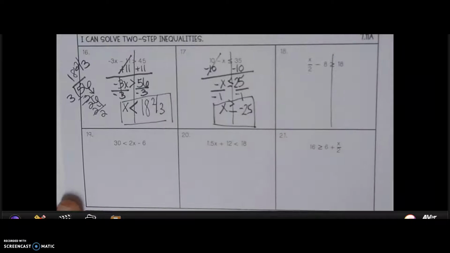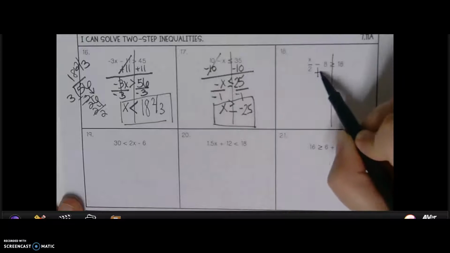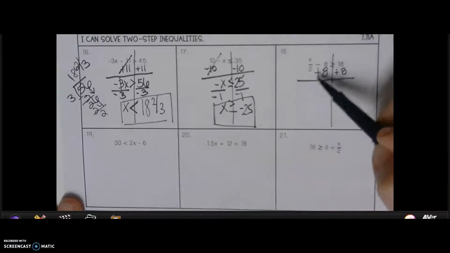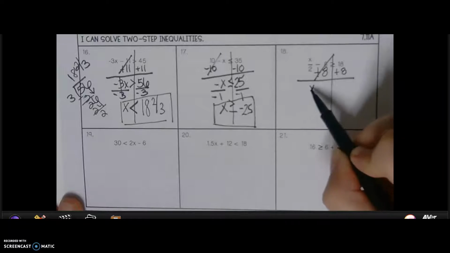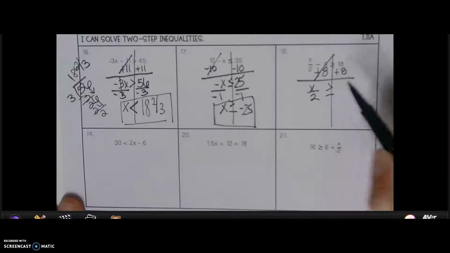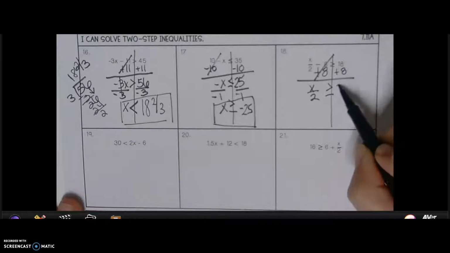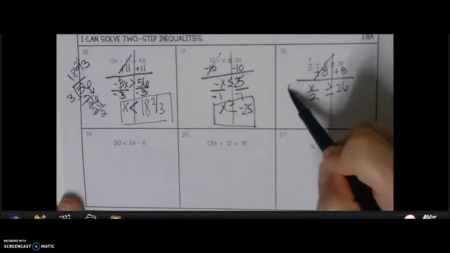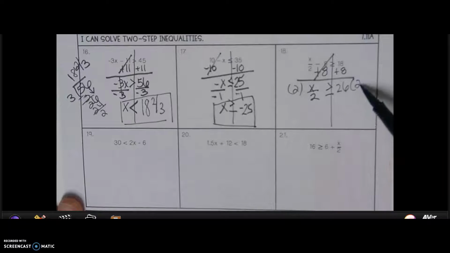Okay, number 18, x over 2 minus 8 is greater than or equal to 18. So I'm going to get rid of my constant by adding 8 on both sides. I'm going to undo it with my inverse operation. 18 plus 8 is 26. Okay, I have a division problem, so I'm going to multiply each side by 2.